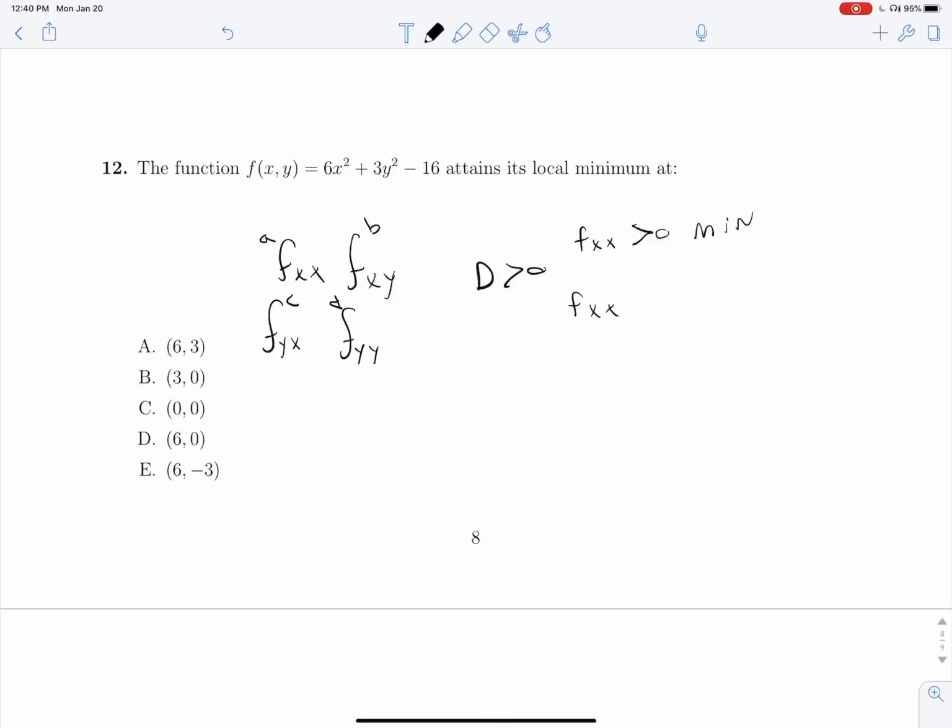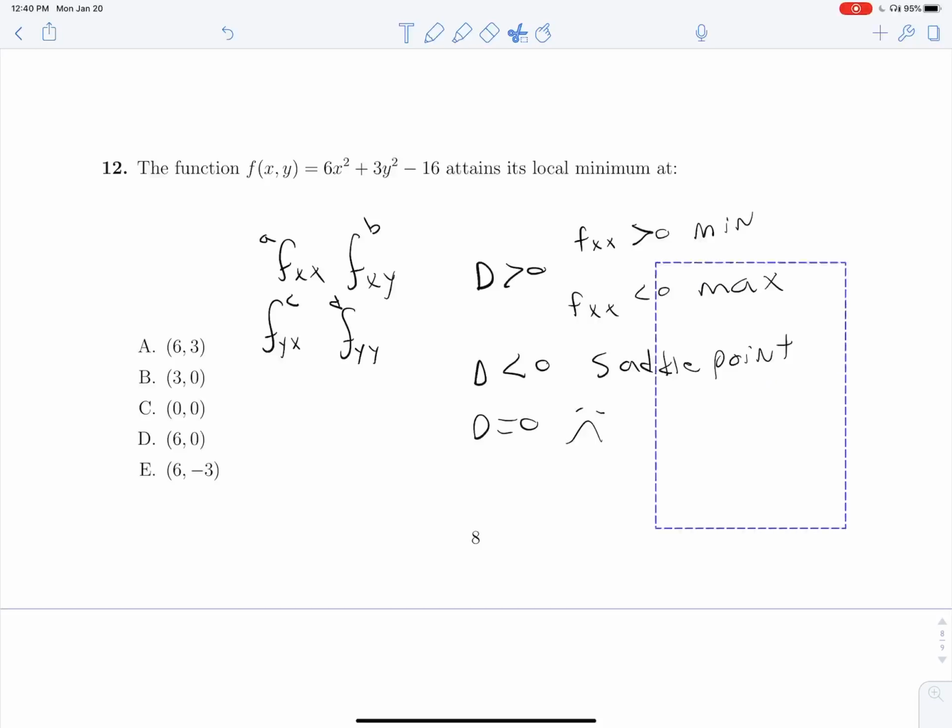If fxx is less than 0, we have a max. If the discriminant is less than 0, we have a saddle point. And if the discriminant is equal to 0, we have no clue at all.